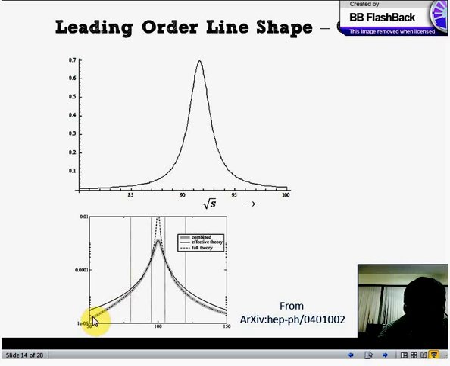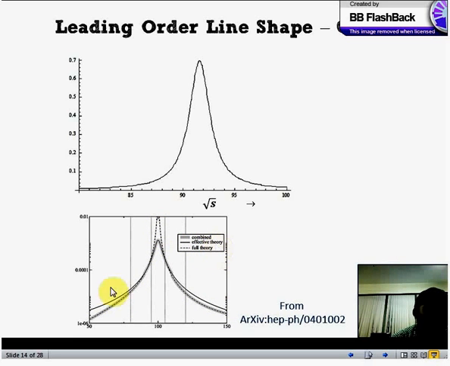They calculate the decay width both in the combined theory and in the effective theory. The effective theory is given by this solid line, and the full theory is given by this dotted line.